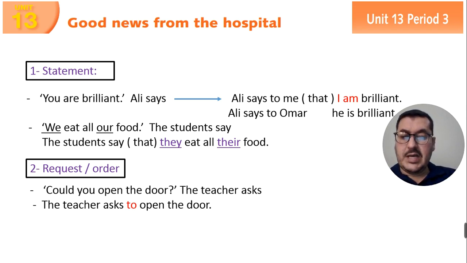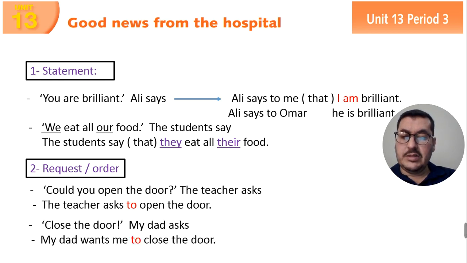For example, you can say "Close the door," my dad asks. You can say my dad wants me to close the door. So when we report a request, we need to use to, and after to we have to put the verb directly, the infinitive. And with the request, we can use asks and we can use wants. Okay, wants me.